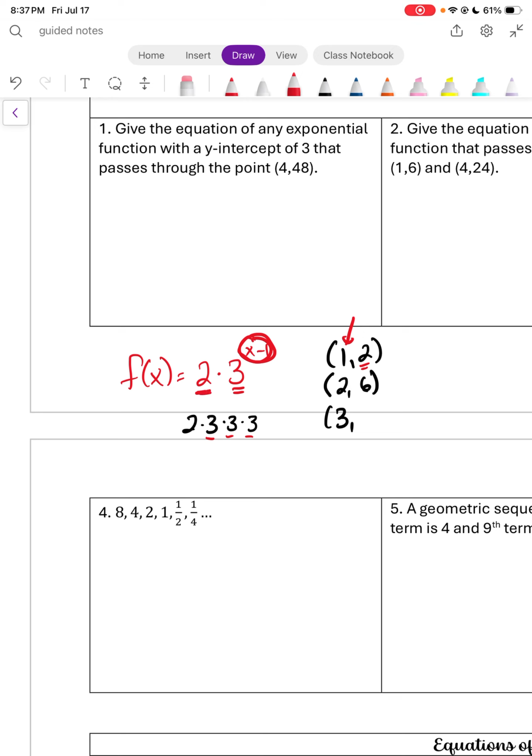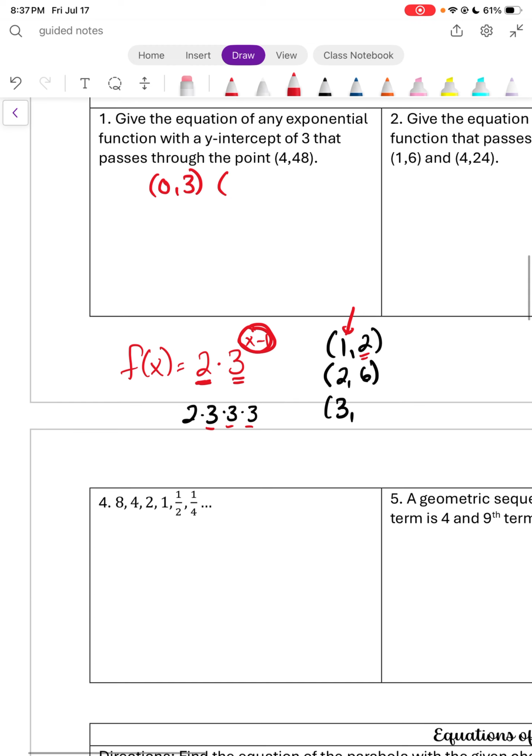So what we've got here says give the equation of an exponential function with a y-intercept. So what you're going to start out with is your 0 term. When you plug in 0, you're going to get 3, and it says when you plug in 4, you're getting 48. Now I've got to figure out what in the world I'm multiplying by each time to give me these different values. That's what an exponential function is. So here's how I'm going to work this.